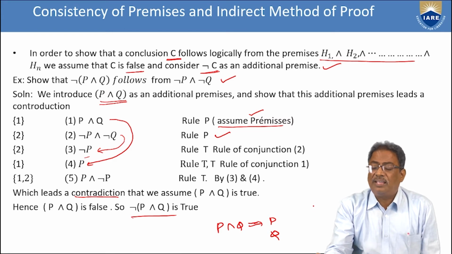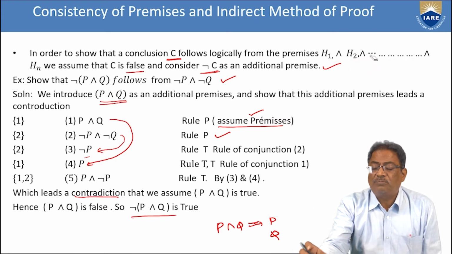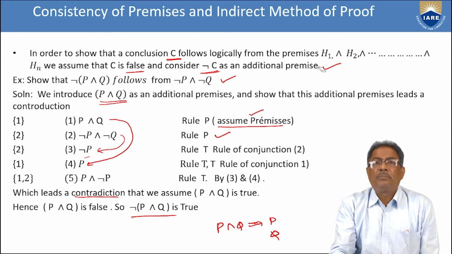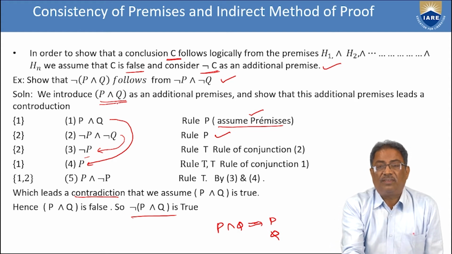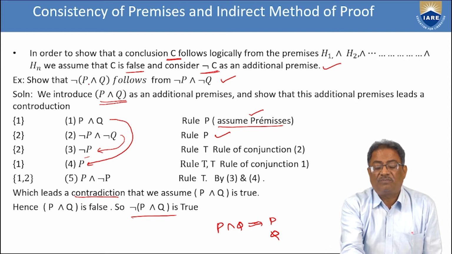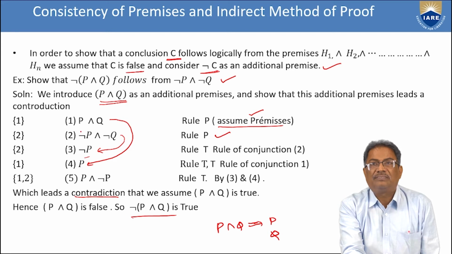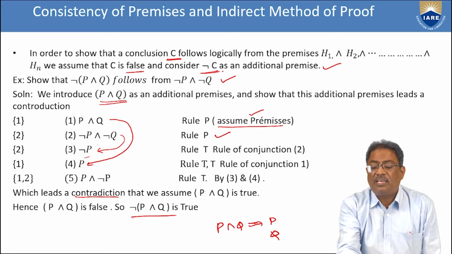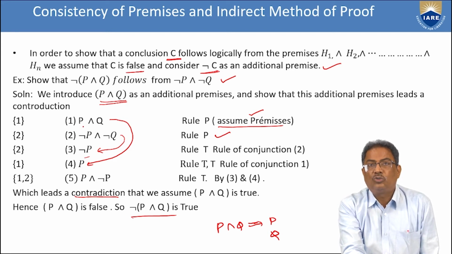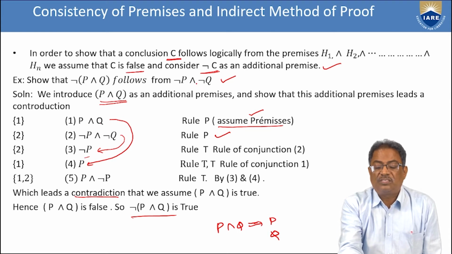So by using this procedure, we are going to take the negation of this. The negation of negation is the premise itself. So we consider that the negation of C, the conclusion, is true, which is nothing but P and Q is true. And of course, this is given.